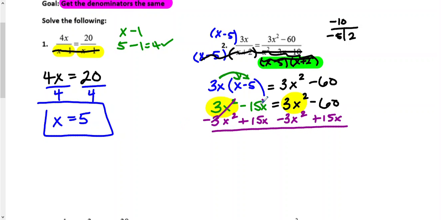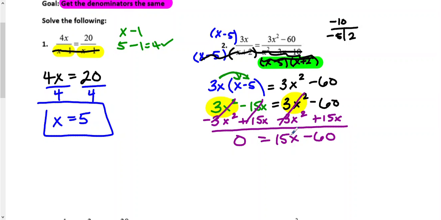So these all cancel, and I'm left with 0 equals 3x squared minus 3x squared. That also cancels out. Then I have negative 60 plus 15x. These are not like terms, so we're left with positive 15x minus 60.